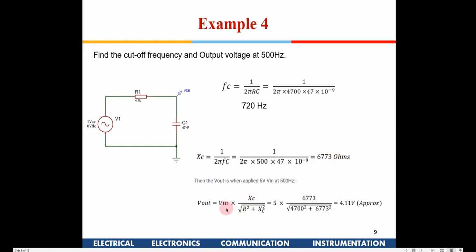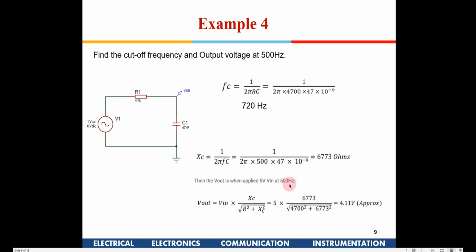Then I use the potential divider, like the total impedance Z, which is the total combination of these two, that is root of R square plus Xc square, and Xc at 500 is 6773. So we use this formula to get the output voltage at 500 hertz.